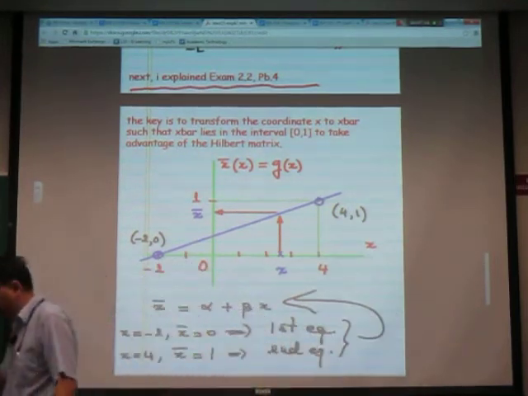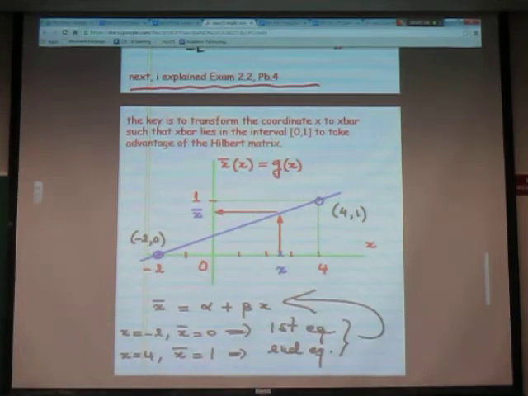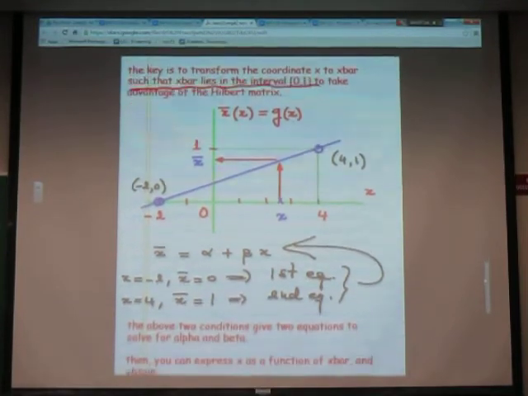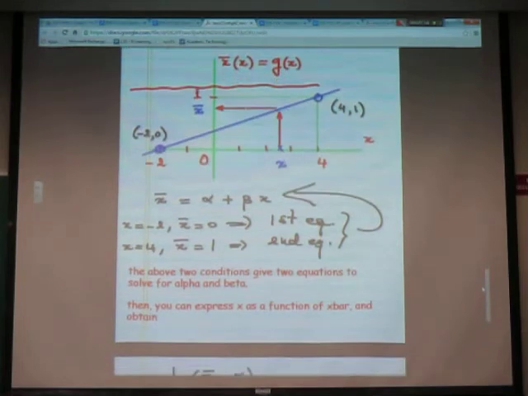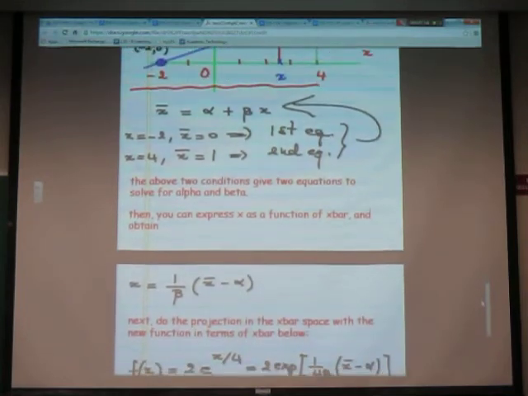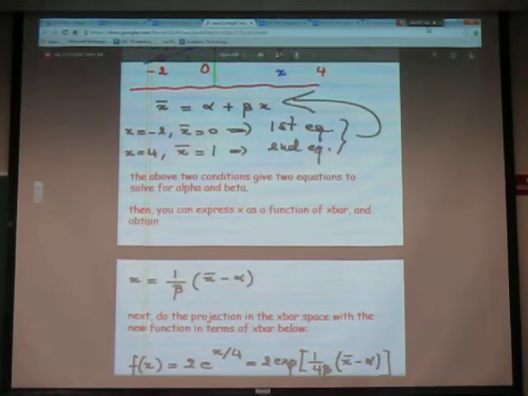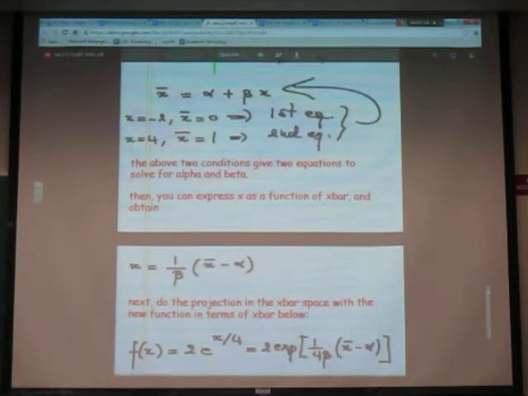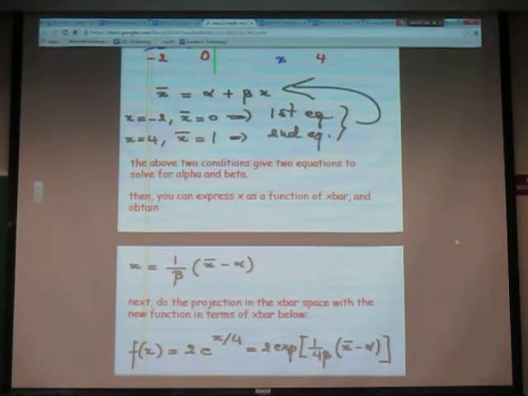I think that's what I wrote down here. So once you have x bar in terms of alpha and beta, is there anyone who wishes me to show you how to find alpha and beta? I can do that, but it will take me more time.